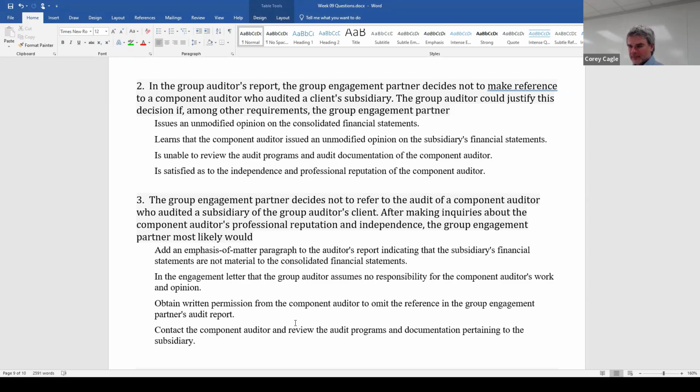A says issued an unmodified opinion on the consolidated financial statements. That's really neither here nor there on this, right? B says learns that the component auditor issued an unmodified opinion. Again, it's not a requirement. It could have been something else, right?